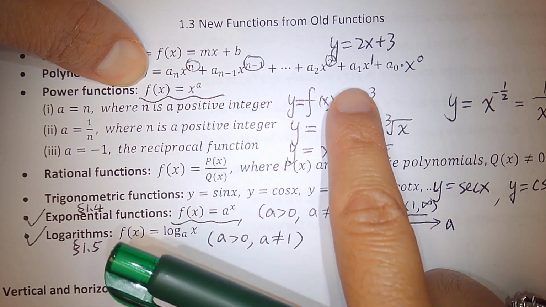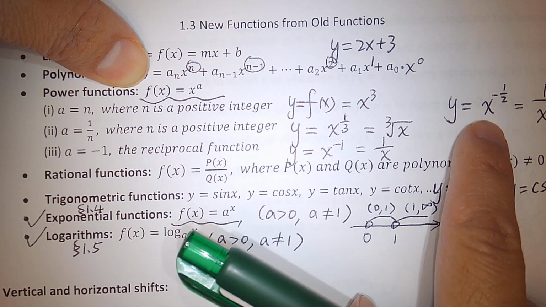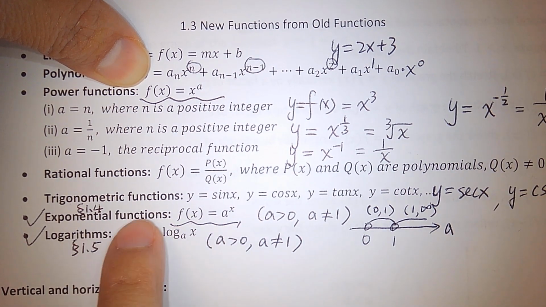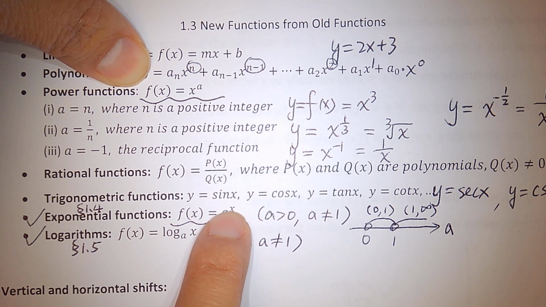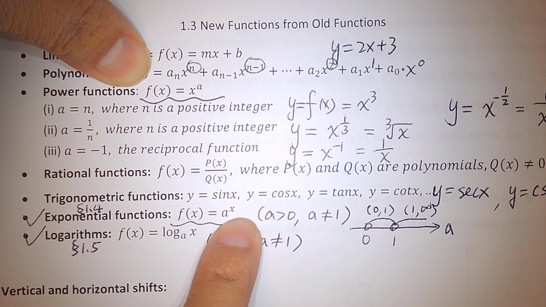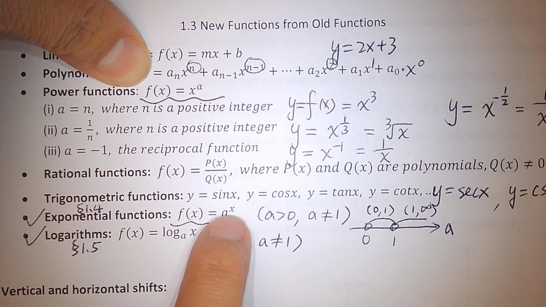So this is a power function. See the examples: x to the something, or x to the something else. However, for the exponential function, f of x equals a to the x power, the base is a constant a and the exponent is the variable x. In section 1.4, we'll learn how to sketch the graph for f of x equals a to the x power.